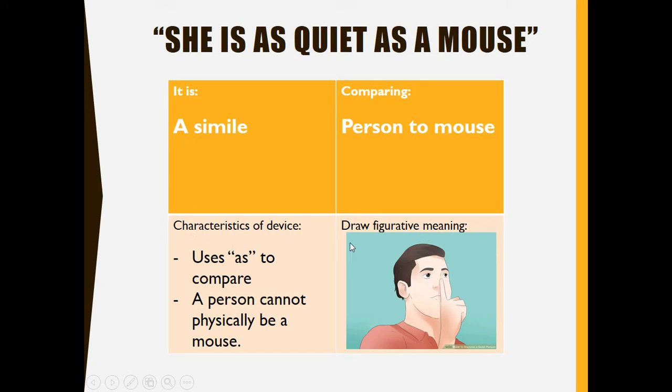And for our section Draw Figurative Meaning, you would be drawing an image that you see from this device. Whatever image comes to mind when you read your device, be it simile or metaphor, draw it in this section.